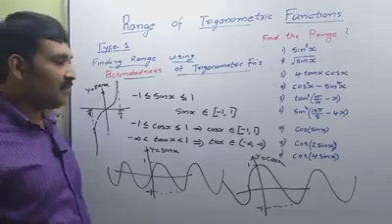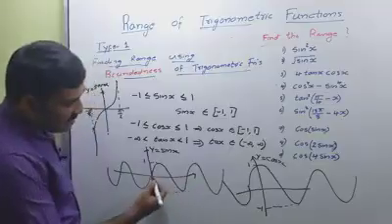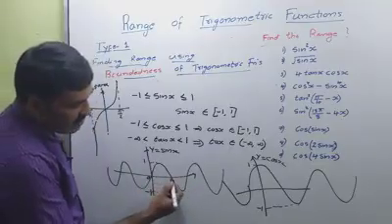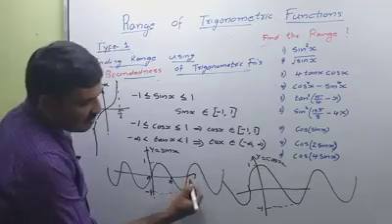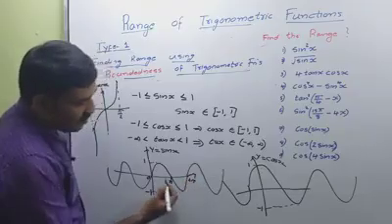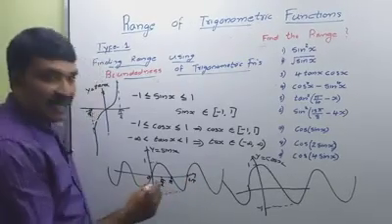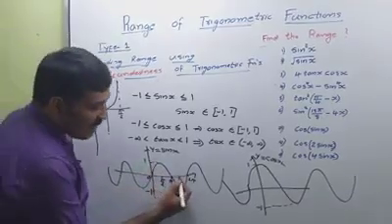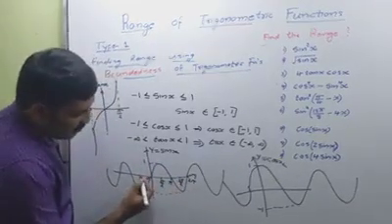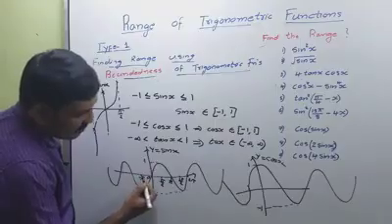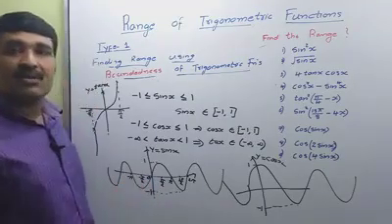Right. Now, what is the value of x? At this point, the value of x is 0. This is the point pi, this is 2 pi, and this point is pi by 2, where sin x has maximum value 1. And 3 pi by 2. This point is minus pi by 2, minus pi, and so on.